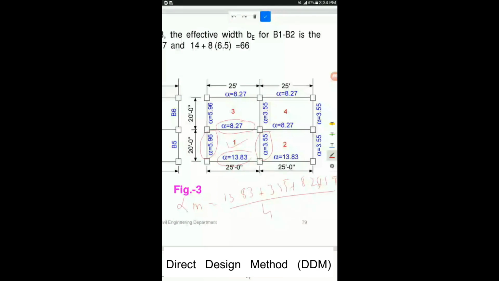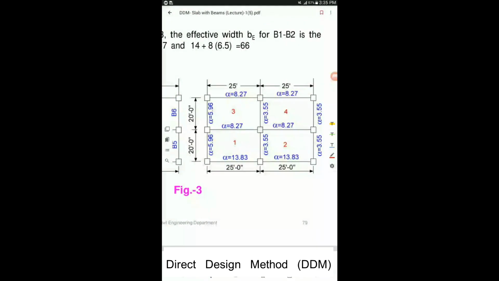This is the value of alpha m. Similarly, if you are considering panel 2, this panel is bounded again by 4 sides, 4 beams. So the alpha m will be the sum of 13.83, 3.55, 8.27, 3.55 divided by 4. So in this way you can calculate alpha m for each of the 4 panels.